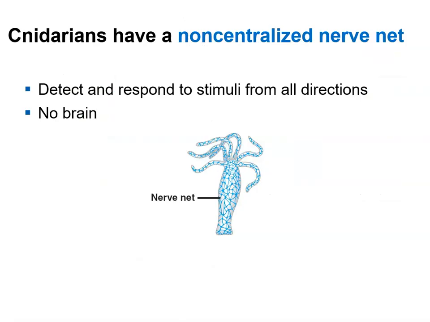But they don't have a nervous system per se. They have what's called a non-centralized nerve net, where they can detect and respond to stimuli from all directions because of the nerve net that is within their entire body structure, but there's no centralized location where that information gets received or transmitted. So no brain. And that concludes our lesson on cnidarians.